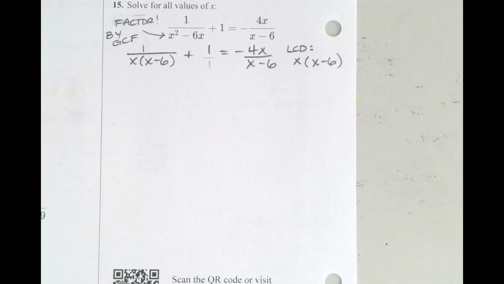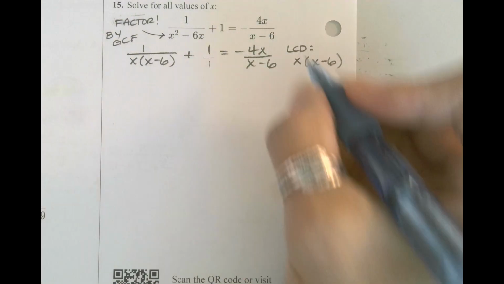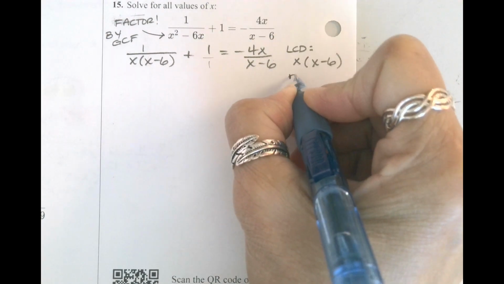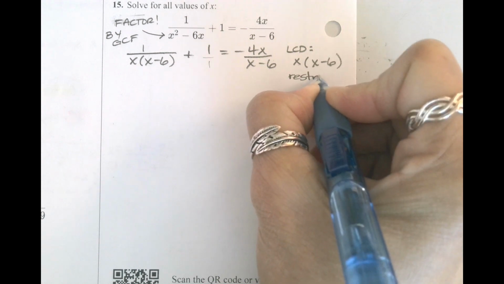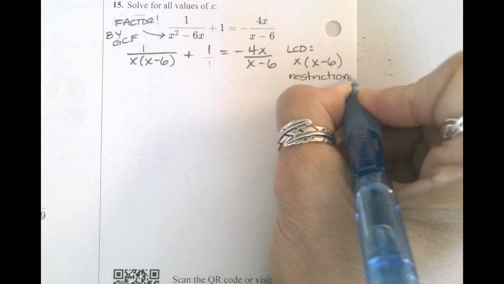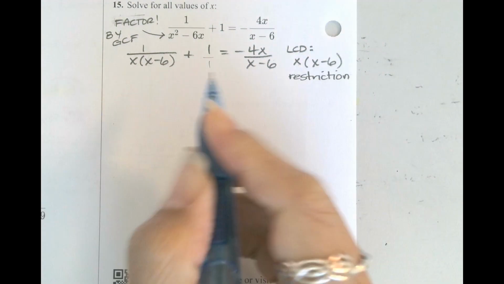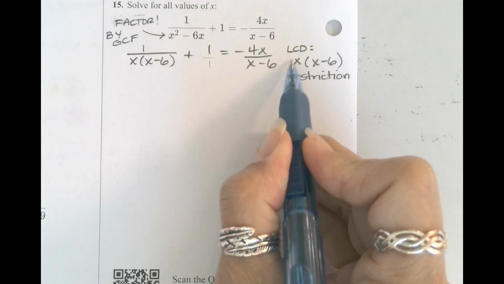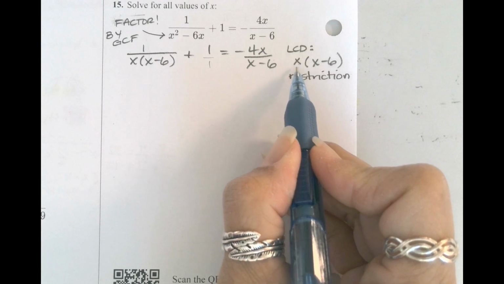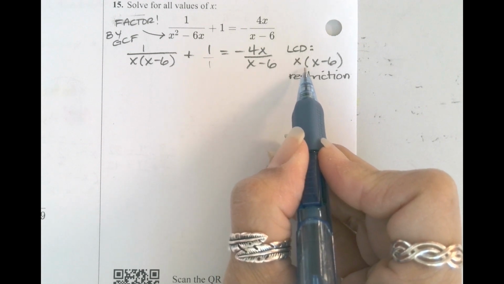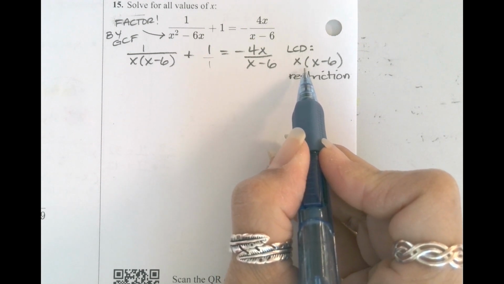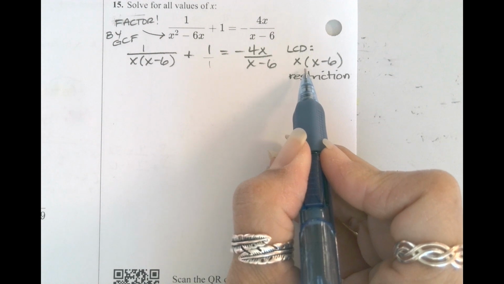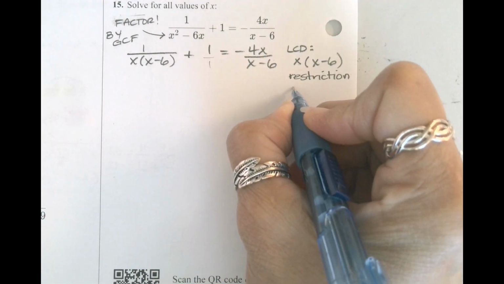We want all the denominators to have an x and an x minus 6. Therefore, our restriction is going to be 2 values because you wrote 2 factors. What is this restriction going to be? A standalone x is what x value? Not 1. 0. Yep. X cannot be 0.